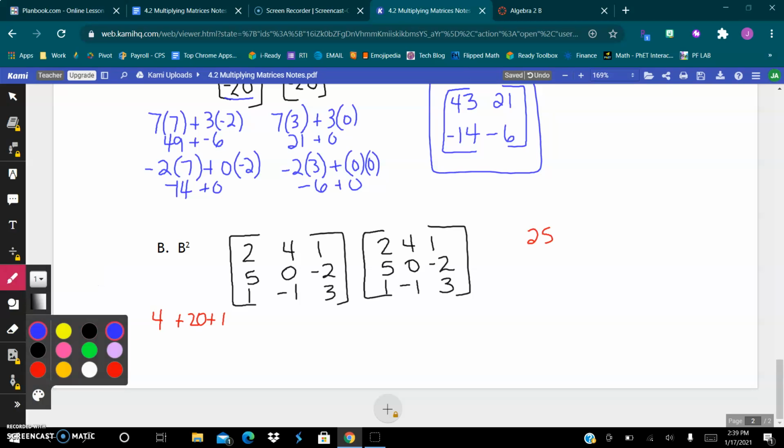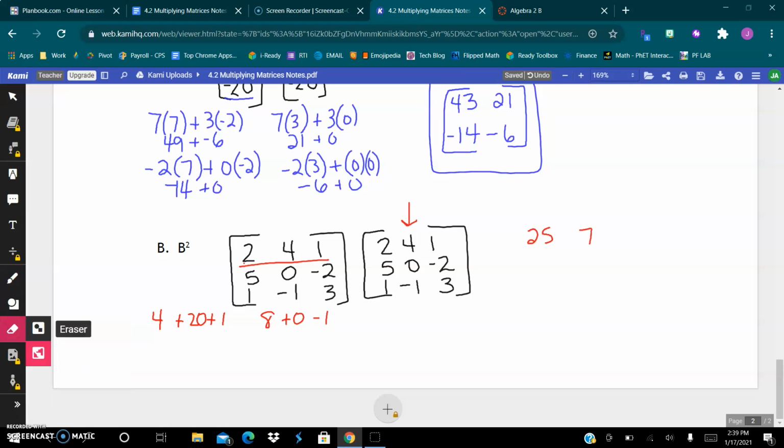And then we're going to stay with the first row, and we're going to move to the second column. So we're going to have 2 times 4, which is 8. And then we're going to have 4 times 0, so that's 0. And we're going to have 1 times -1, which is -1. So that's going to equal 7.